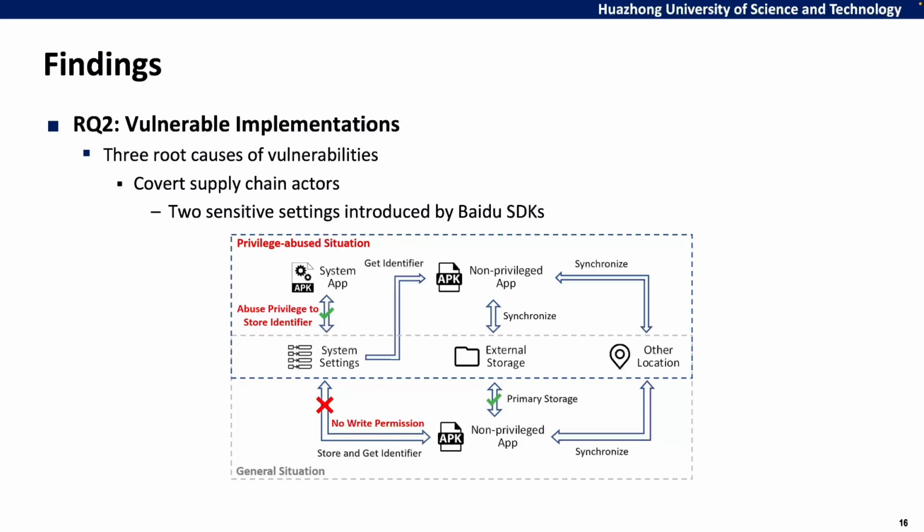This suggests that system developers were likely unaware of these covert actors when configuring access control. More critically, the same Baidu SDK inside non-privileged apps can obtain device identifiers without any permissions, simply by reading these unprotected settings.